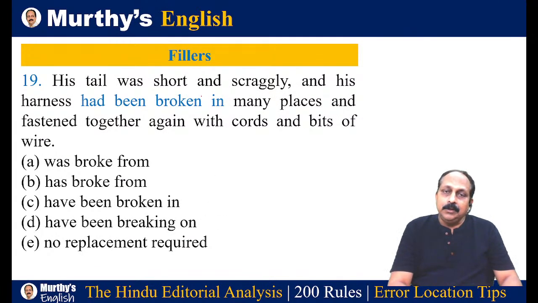His tail was short and scraggly, and his harness had been broken in many places. Here, contextual awareness is very important. Was short, it is in past. Had been broken, this is passive voice, past perfect. But why should we use past perfect? Why not past tense in passive voice? His tail was short and scraggly, and his harness was broken, have been broken.